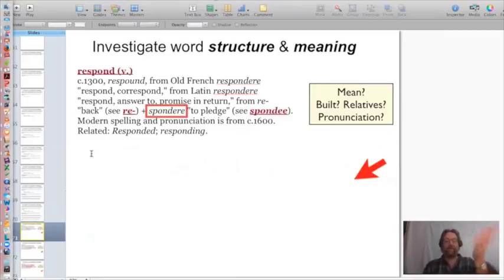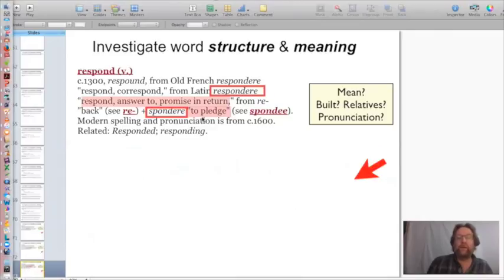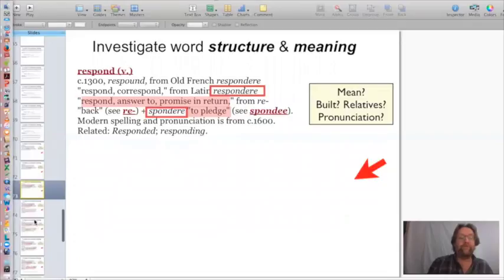So here's our respond entry from etym. Notice spondere in Latin way back then meant to pledge, but respondere was a Latin earlier relative of respond. It also had to carry the sense of respond, answer, to promise in return. And then we've gone farther back to this spondere for pledge.